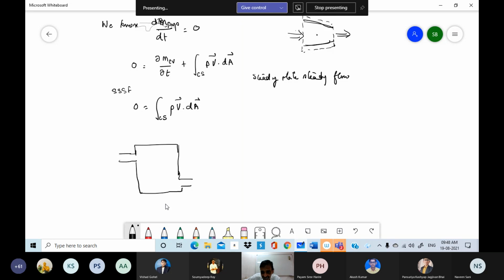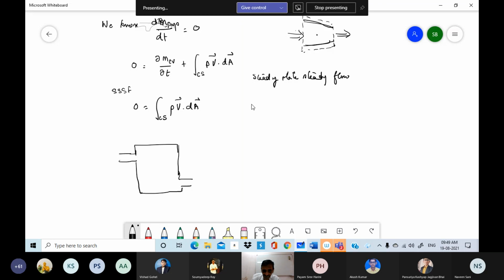If I represent it schematically in this manner, I could further assume, and that assumption is usually made, although we don't state it very explicitly, that I have flow occurring through an inlet pipe and flow occurring through an exit pipe. Now, the fluid is a viscous fluid which is flowing through these pipes.